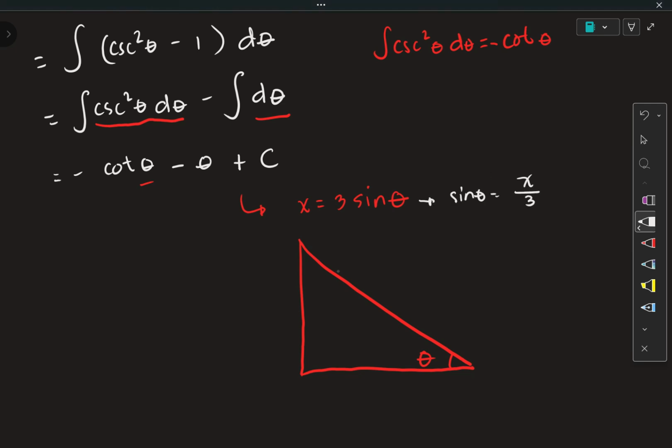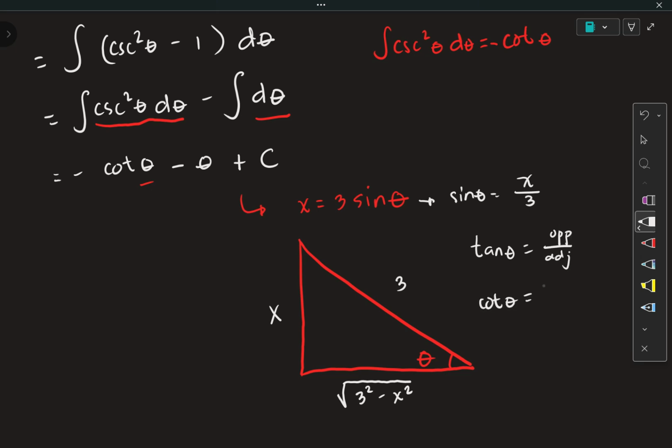So x is the opposite and 3 is the hypotenuse, therefore the adjacent is square root of 3 squared minus x squared, or square root of 9 minus x squared.